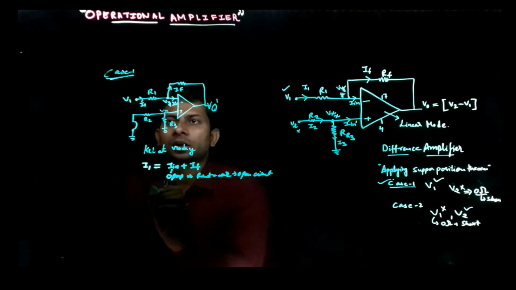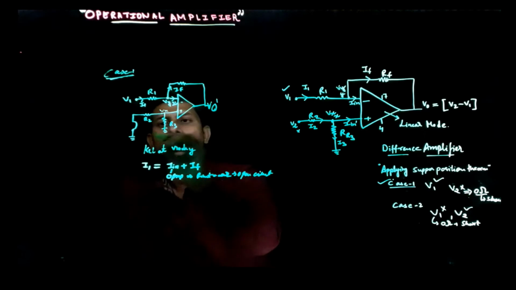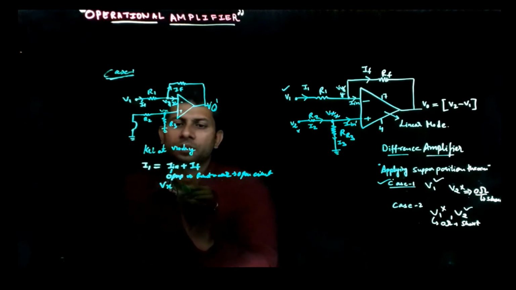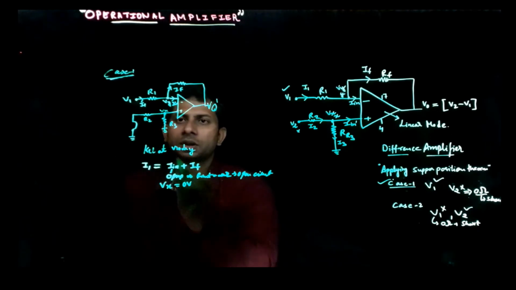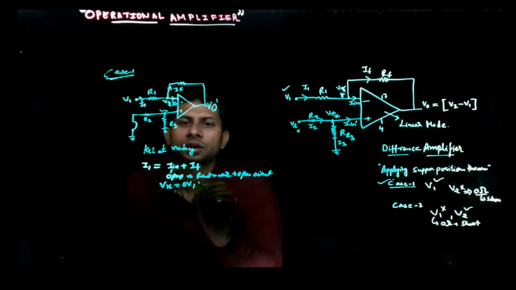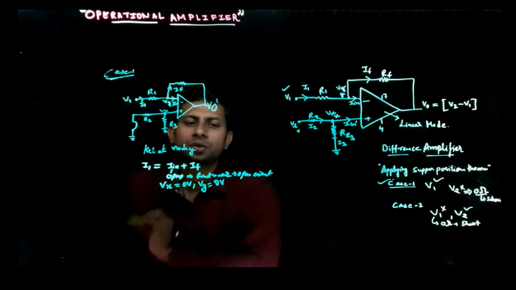Okay, now these two resistances are grounded, and the node voltage at node X is equal to 0 volt, connected to ground. Due to the virtual short concept, this voltage will be equal to Vy, which is also 0 volt.